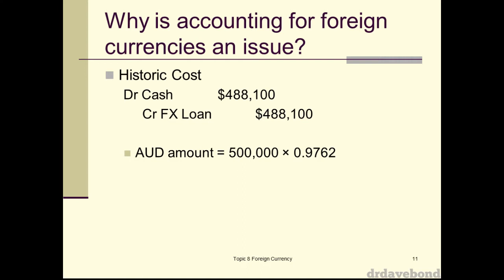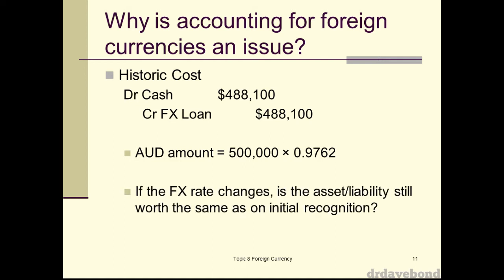And a good way to think about this is, think about the foreign currency cash amount. Don't think about it so much as money. Think about it as just an asset. You've just bought something, and that thing just happens to be US currency. And that US currency value is $488,000 in Australian.